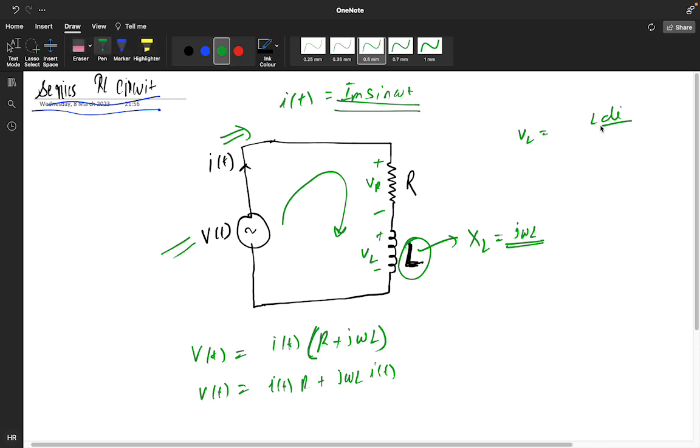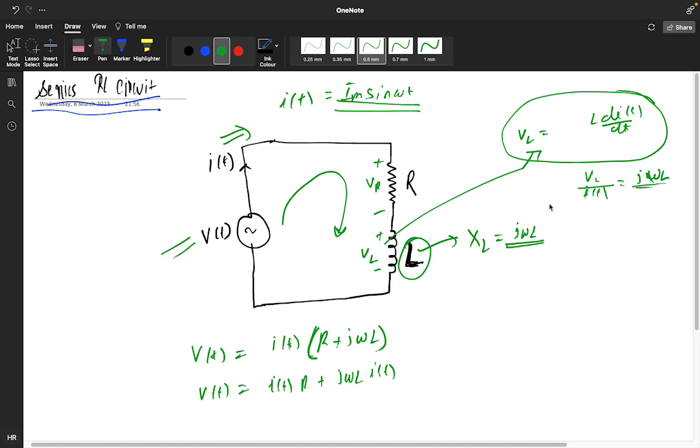So V of L is equal to L di of t by dt. And from this, after solving, we know that VL by I of t gives one term, that is j omega L, that is the reactance part. And V of R will be nothing but I of t into R. Okay, this part is clear.